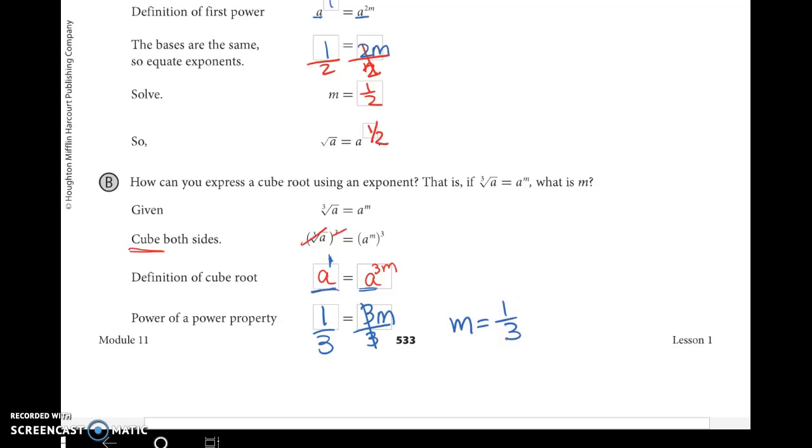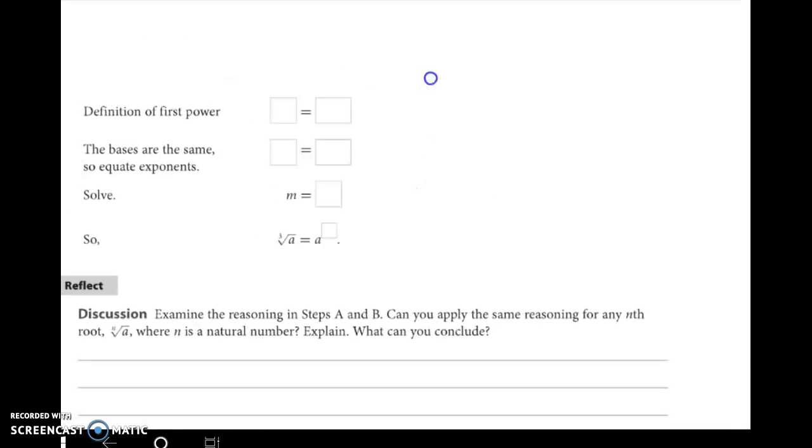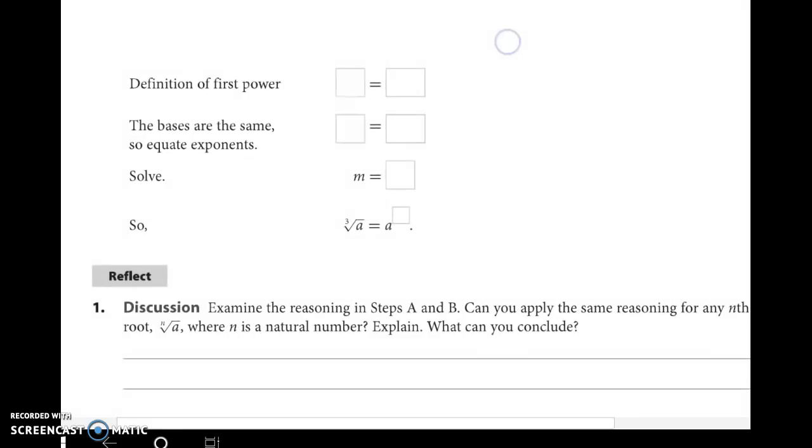So I'm going to flip to page 534 and finish this here. I did this work on the other page where we took 1 and 3m and set them equal to each other. And then, since the bases were the same, we went ahead and solved this, and we got m equals 1/3.